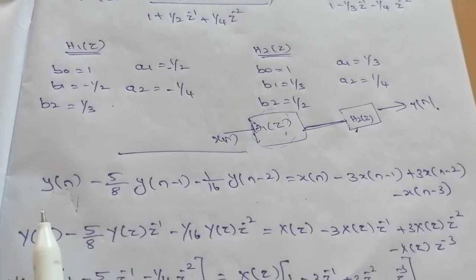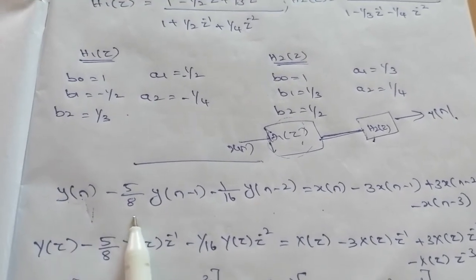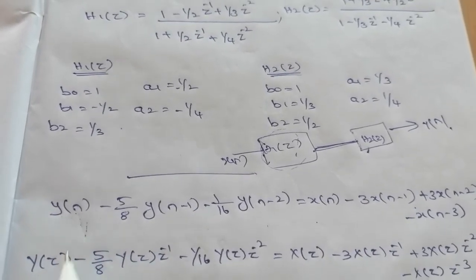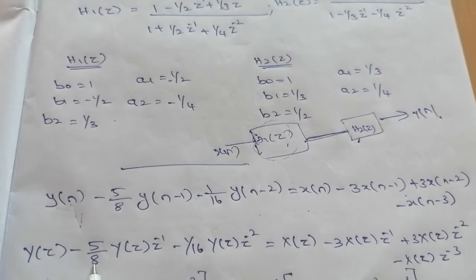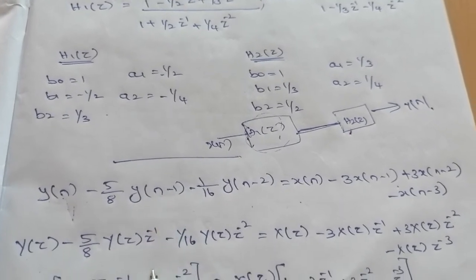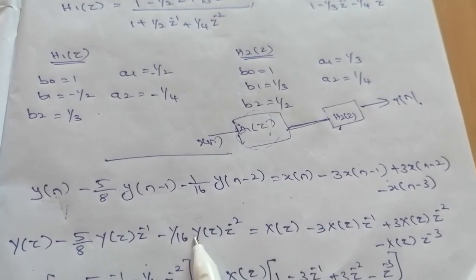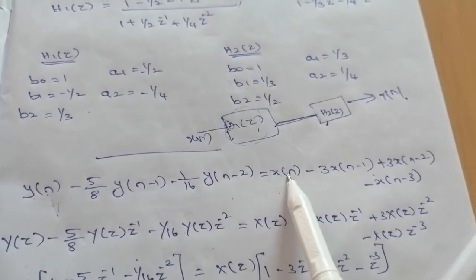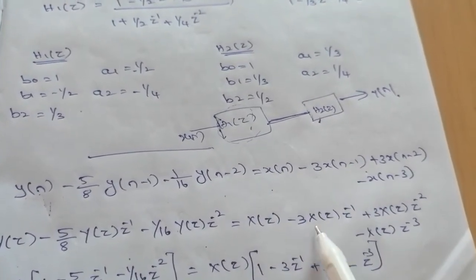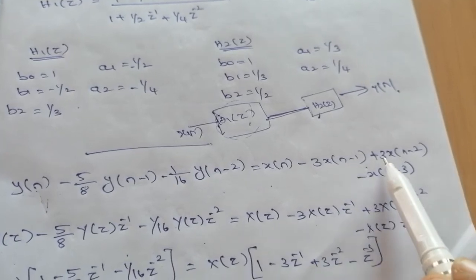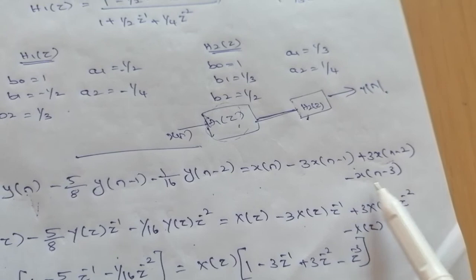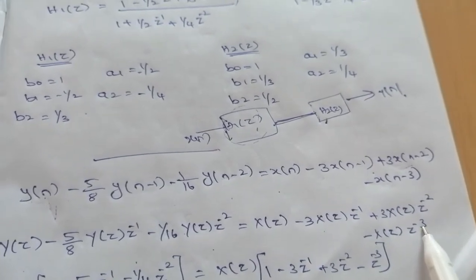For that we apply the z transform. Applying it to this equation, we get Y of z minus 5 by 8 Y of z into z power minus 1 minus 1 by 16 Y of z into z power minus 2 equal to X of z minus 3 X of z into z power minus 1 plus 3 X of z into z power minus 2 minus X of z into z power minus 3.